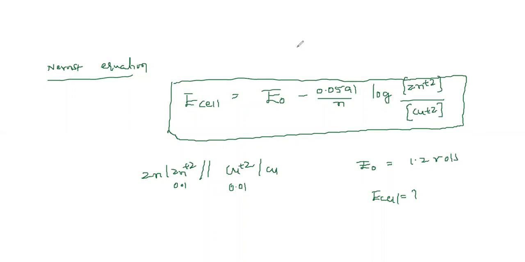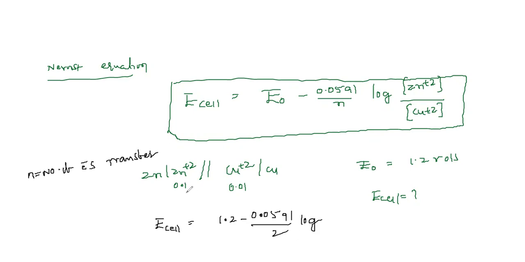How to find out? You have to apply the formula. E cell equal to E naught, which is 1.2, minus 0.0591 by n, where n is the number of electrons transferred. How many electrons are transferred here? 2. So log of anode concentration 0.1 by cathode concentration 0.01.